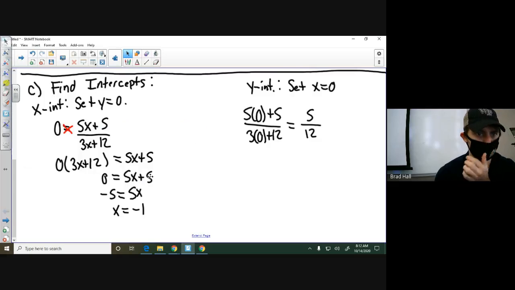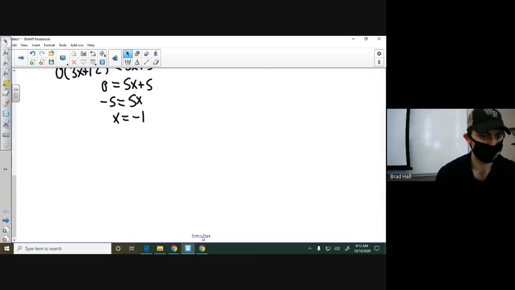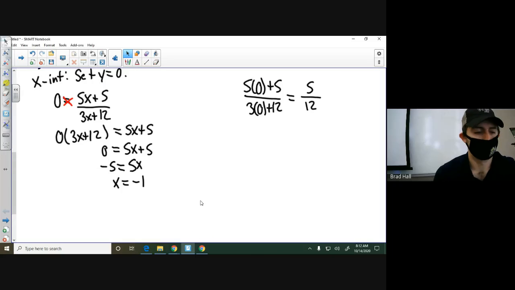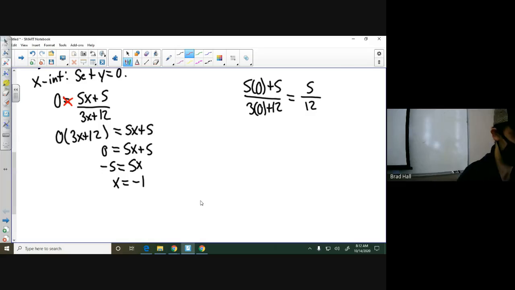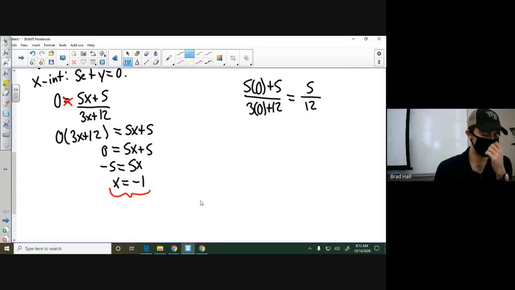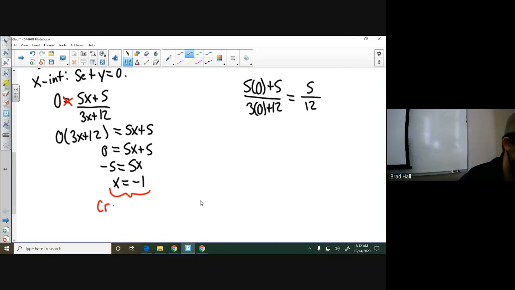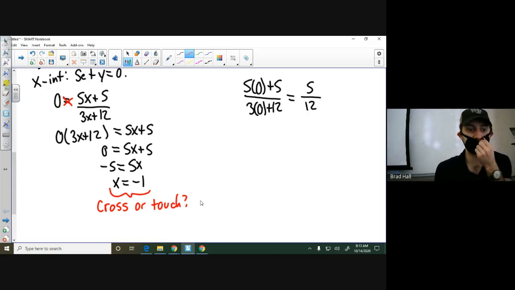And to figure that out, the x-intercept that we have is x is equal to -1. And so the question is, does it cross or touch?